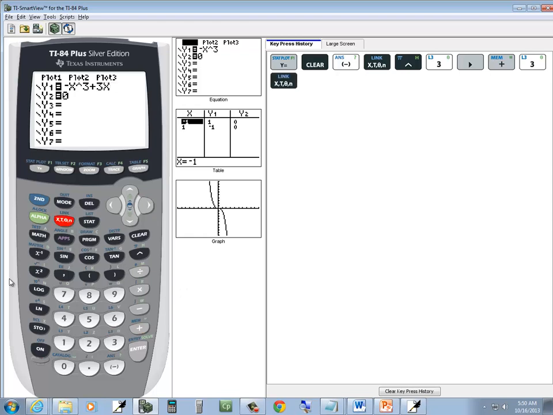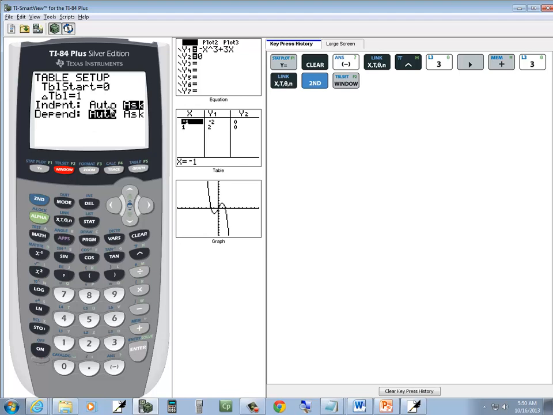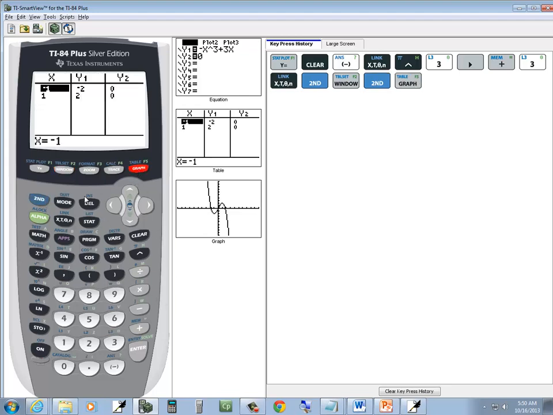And I want to make sure my table is set up correctly, so I do second window to go into table setup. And we want independent to say ask. If it doesn't say ask, down arrow to that line, right arrow, put your flashing cursor on ask and press enter one time. Now if we go to second graph, I'll press delete a couple times.